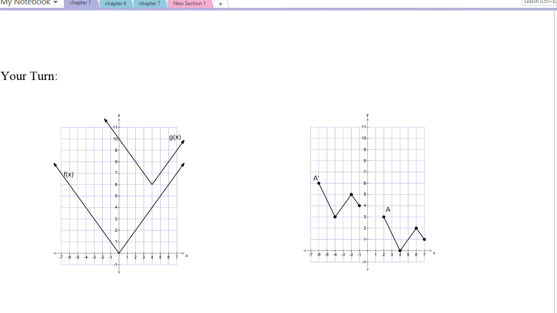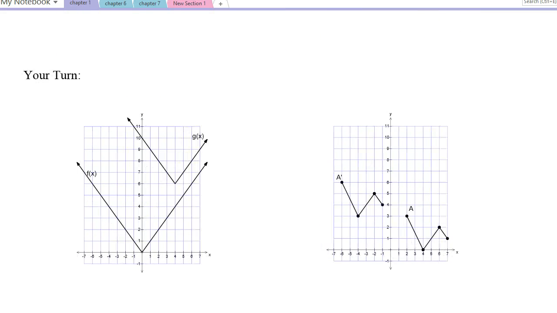Your turn. So I will hit pause, and I want you to make a statement here where in your answer it's going to look something like g of x is equal to f of x, and then I want you to put something here, and then put either a plus or minus over there.